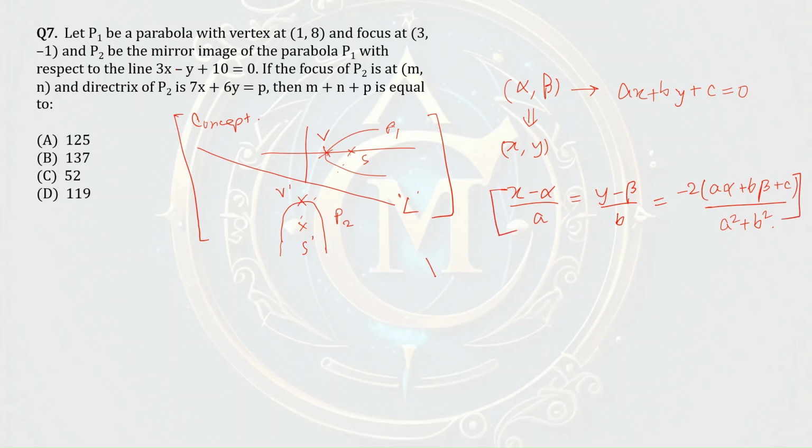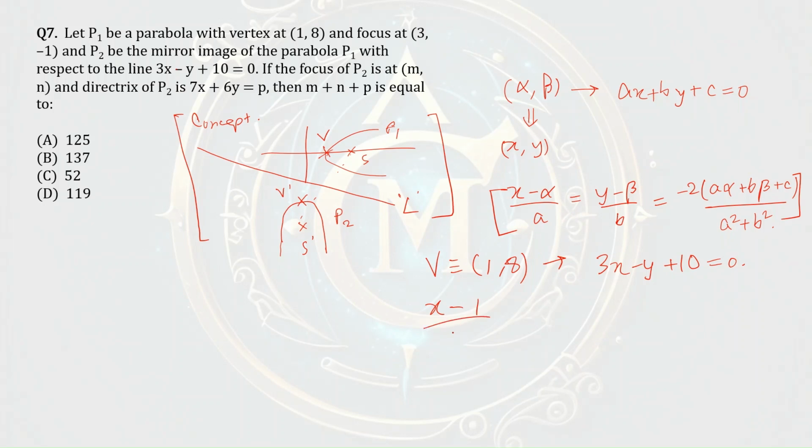So when we want to calculate the mirror image of this vertex of P1, that is (1, 8), with respect to the line 3x - y + 10 = 0, we need to use this formula.